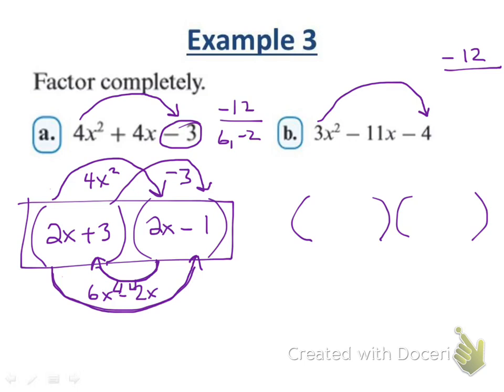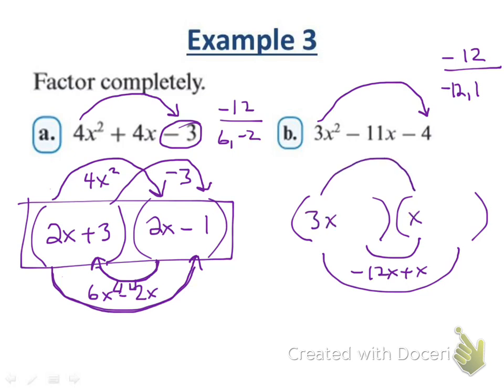What are they? Negative 12 and positive 1, which means these two products have to be negative 12x and plus 1x. Now this one's pretty easy because we don't have any choice for 3x squared except for 3x and x, right? So that's the only way I can get my 3x squared. What's going to go over here in the second?